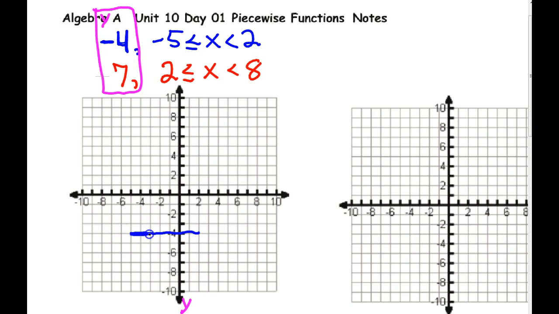Just that piece of it. And remember, the line underneath means it's a closed circle, and no line is an open circle. Since the -5 has the closed circle, we'll go to -5, and that's closed. The 2 is open, so over here, that part is open.